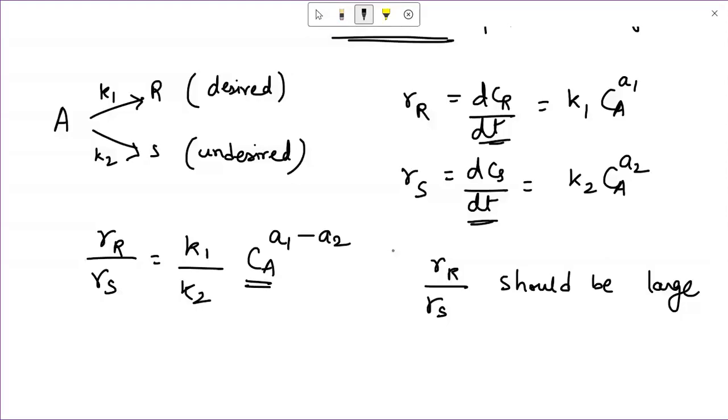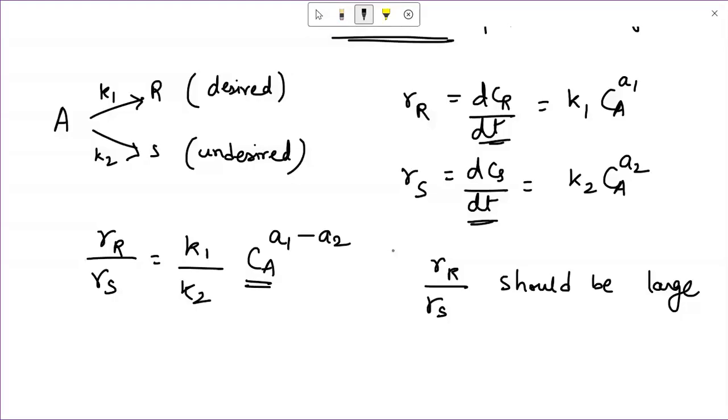So we can keep CA as low as possible throughout the reactor, or we can keep CA as high as possible throughout the reactor. If we want to maintain a low concentration of CA, we will use a mixed flow reactor and maintain high conversion, whereas we can keep CA high by using a plug flow reactor maintaining low conversion. These are the many combinations in which we can carry out the reaction.